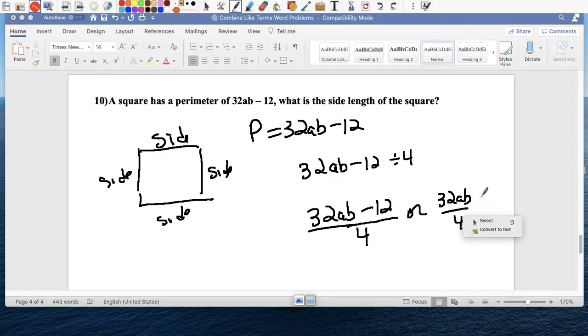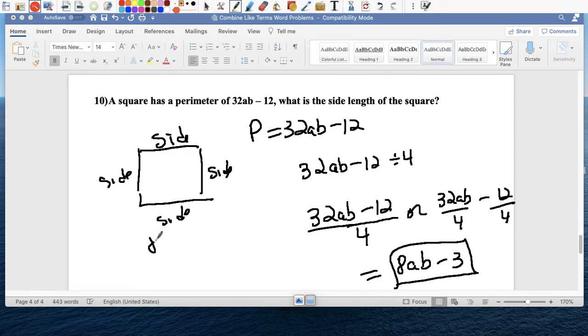These two expressions are the same. Either way, 32 over 4 is 8ab, and 12 over 4 is 3. So each side measures 8ab minus 3. And again, if you want to double check, multiply that by 4 and see if you get that perimeter. Okay, so that was the exercise.